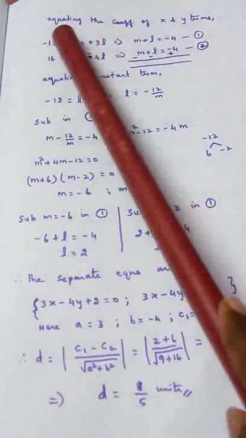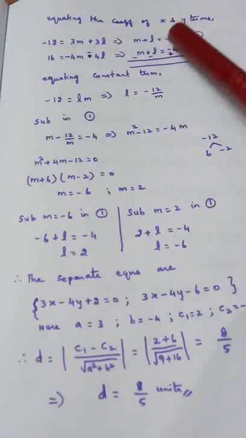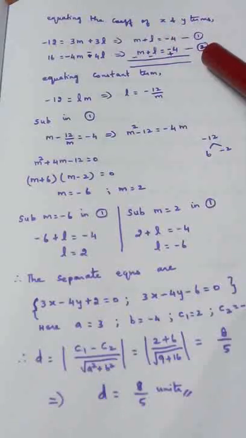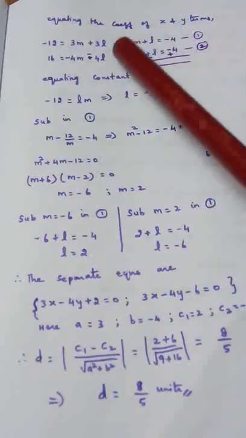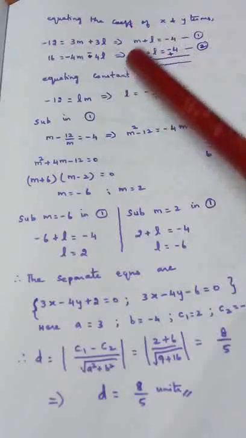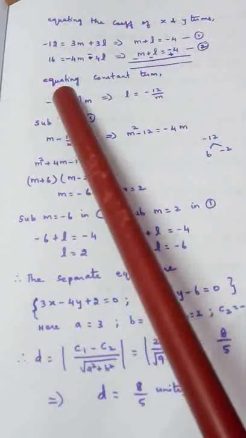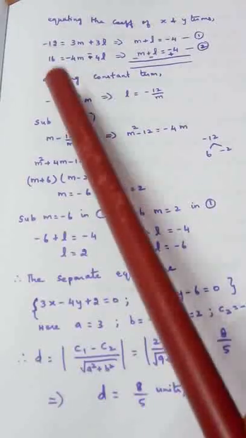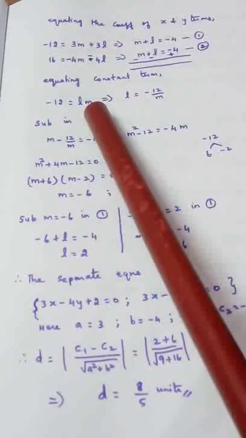Now see, equating the coefficients of x and y terms, we get these 2 equations, 1 and 2. But by solving these 2 we get nothing, because when I change the sign, both get cancelled. So I cannot find them. That is why I am adding one more step, equating the constant term. So we get minus 12 is equal to LM.